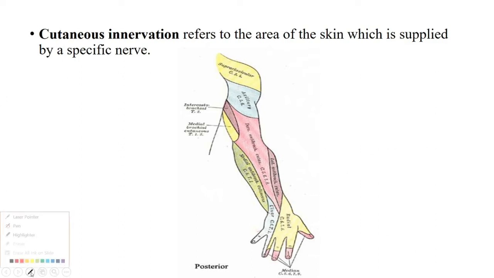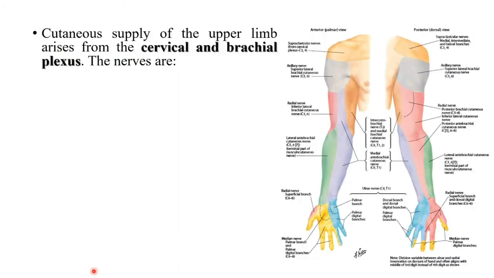In this diagram you can see that the different colors of the skin areas are showing different nerve supply. So this is the diagram showing the different cutaneous supply of the upper limb.